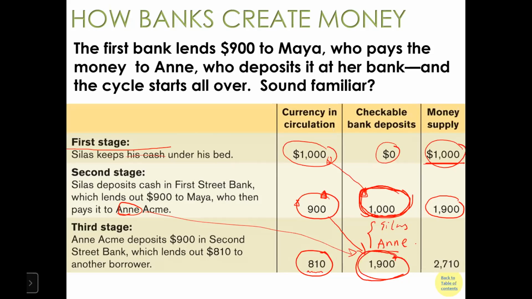Now you can see the money supply increased to 2,710. This is how the banking system can generate money. Essentially, the bank attracts deposits, and with the deposits they make new loans, and then the other person is going to have cash or a bank account.